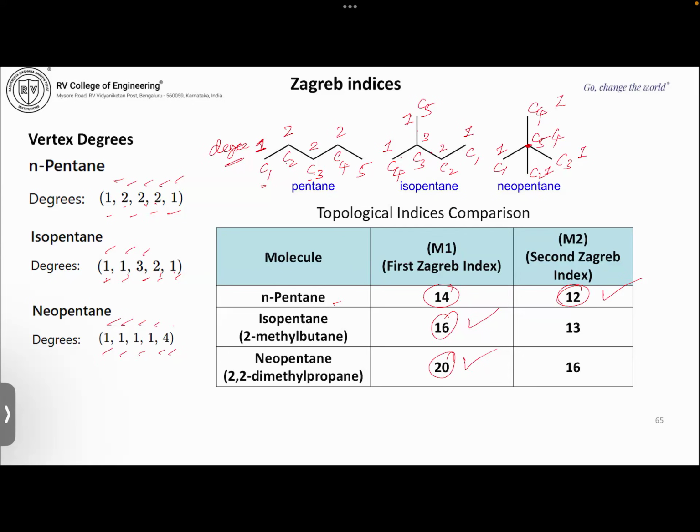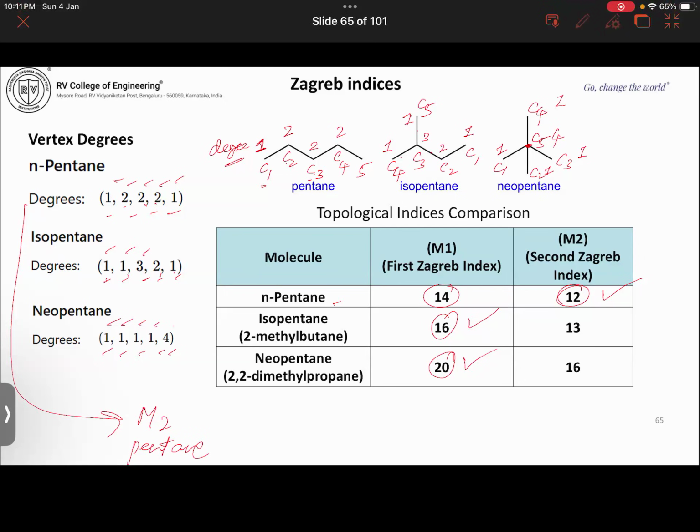For example, let me calculate this M2 for pentane. Let me take this board. This is C1, C2, C3, C4, and C5.